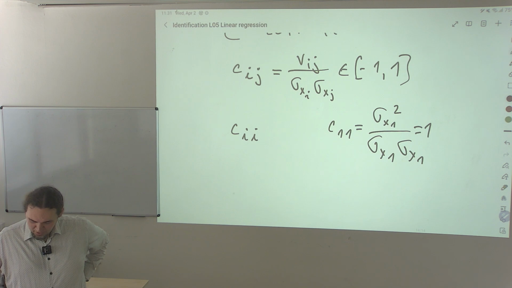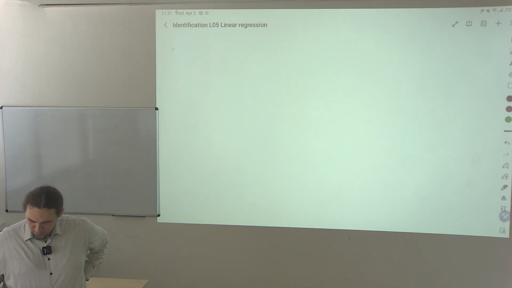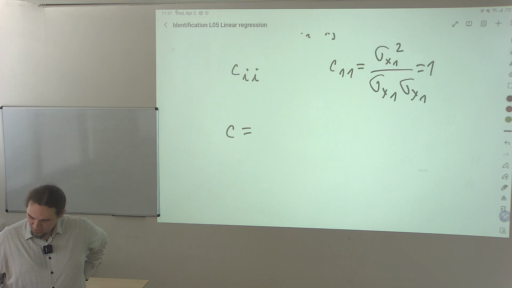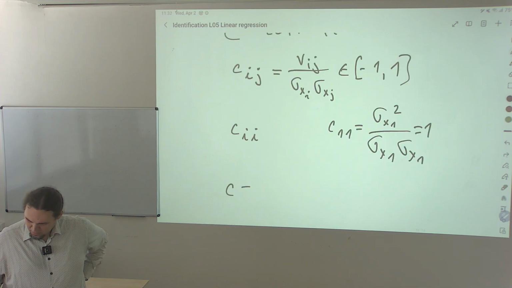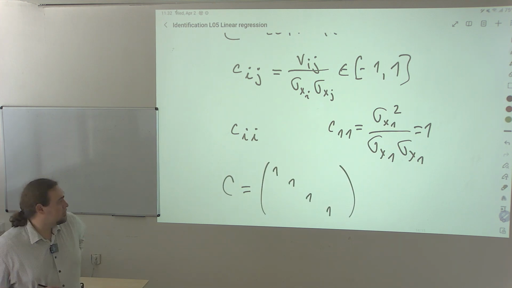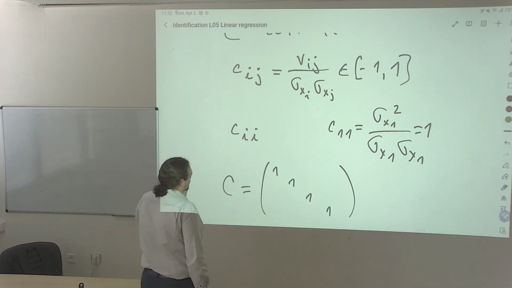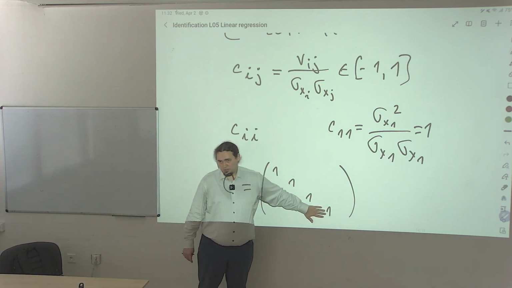For the correlation matrix, we can easily expect that the diagonal of this matrix is full of ones.